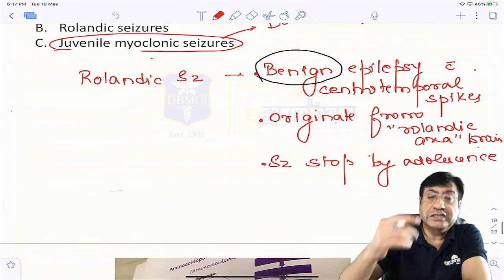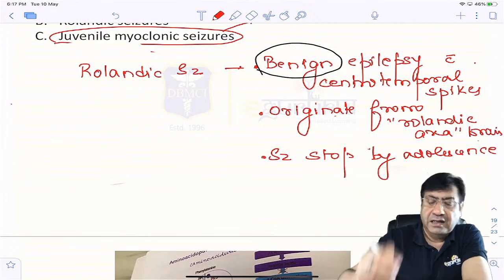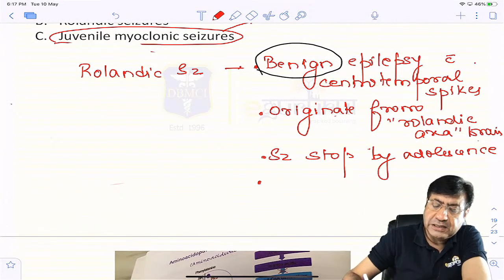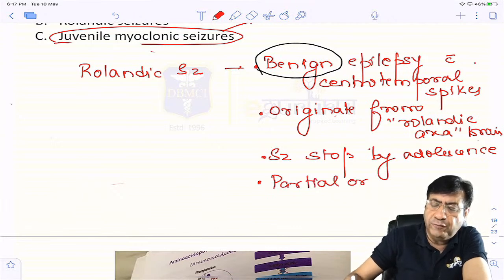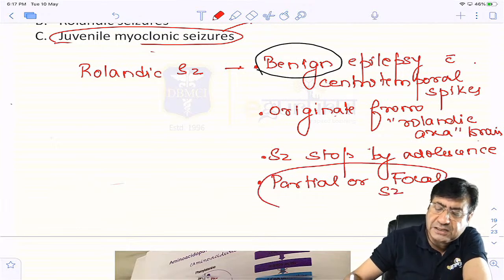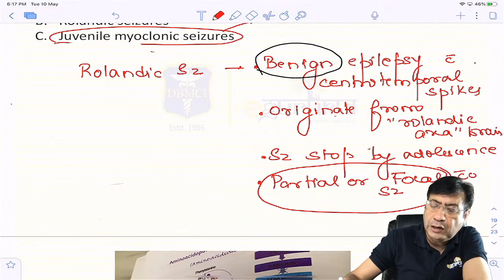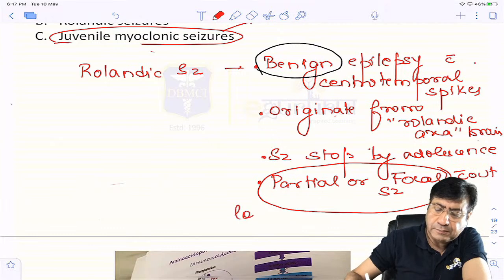Because they are arising from the Rolandic area, these seizures are more or less partial or focal seizures. We now use the term focal seizures more often. So they are focal seizures or partial seizures, usually without loss of consciousness.